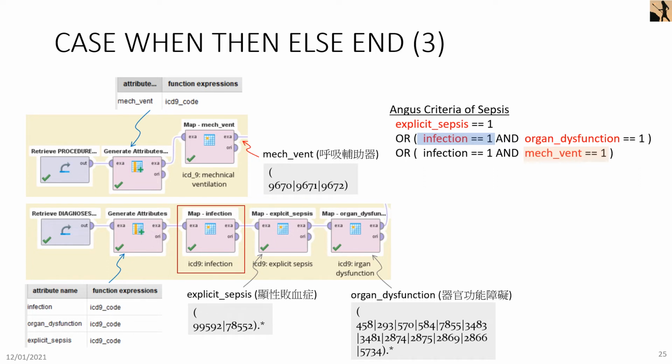So we have to generate a new attribute, mech vent, and then assign the mapping values with these ICD codes and designate them with the label 1, otherwise it's a missing value. So we use the map functions to map those ICDs to the indicator value 1.